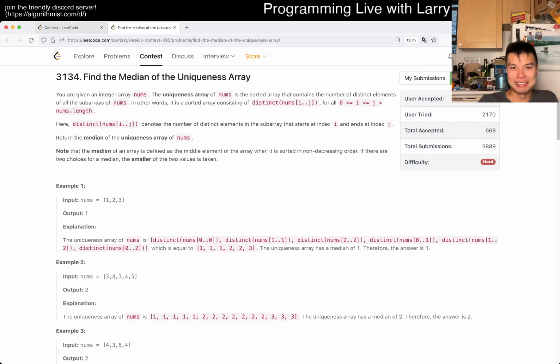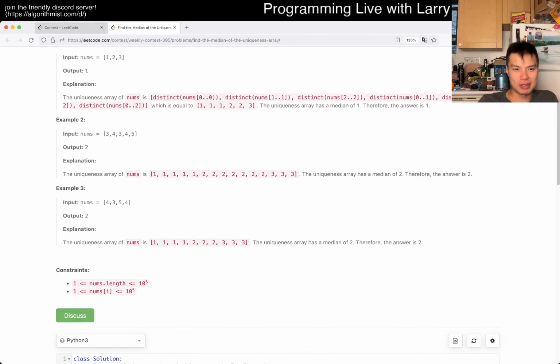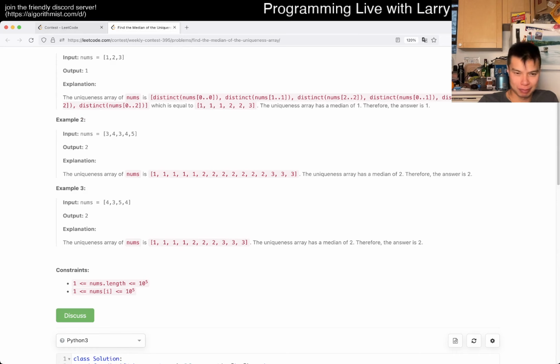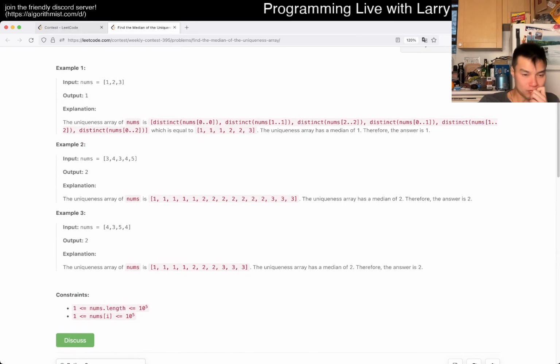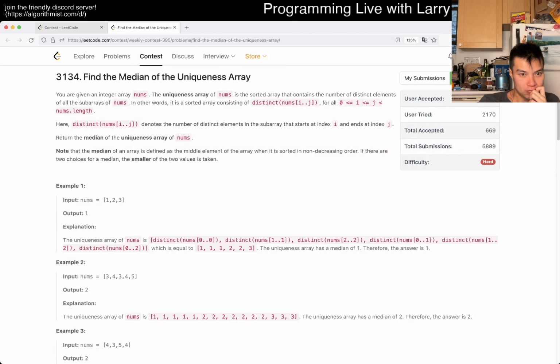I just have no idea. Just 7-pointer. Median still means what I think it means.